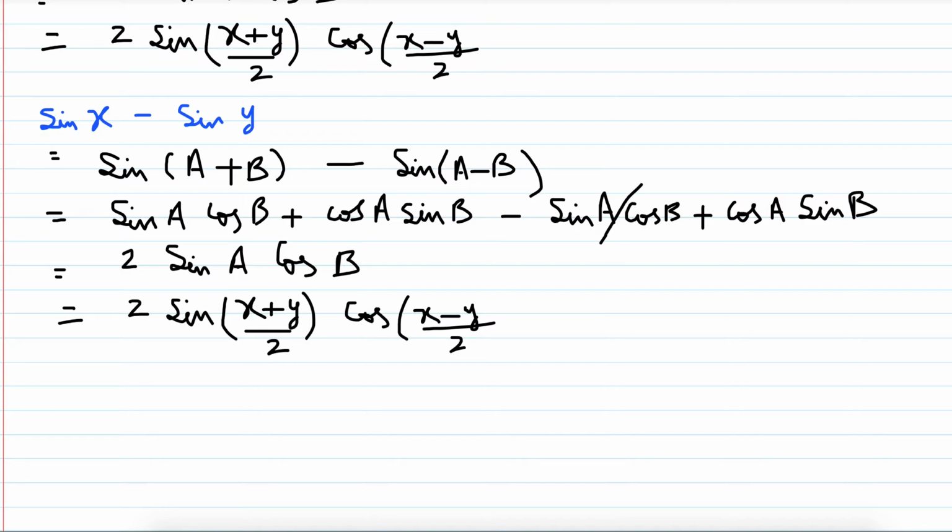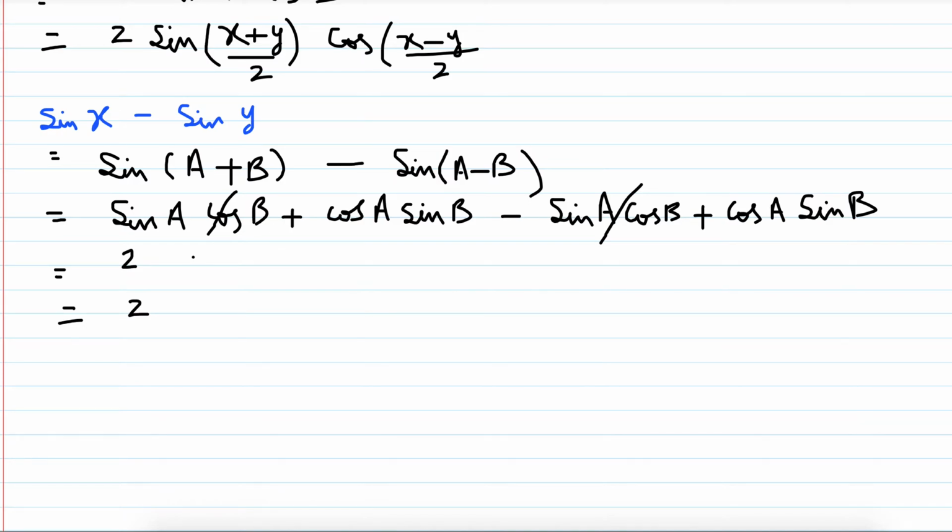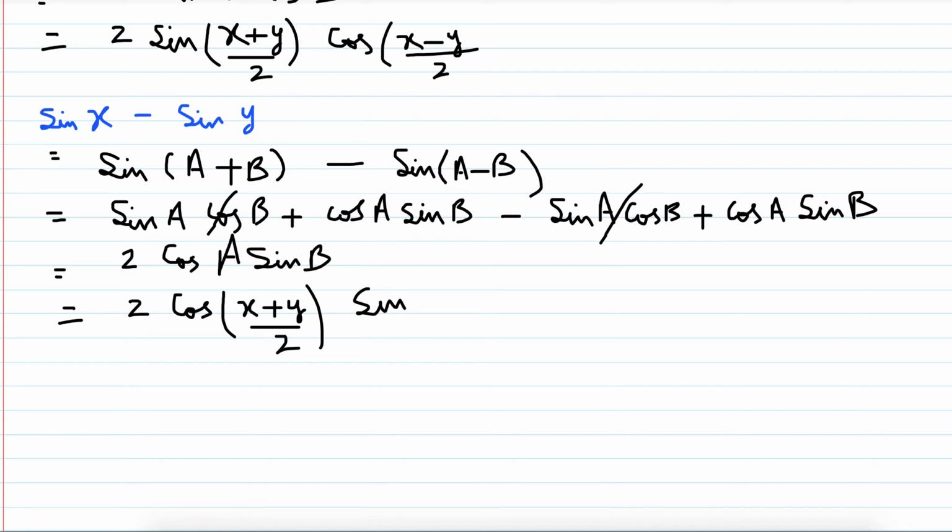So sin A cos B will get cancelled, and we will have 2 cos A sin B. So in place of A, write x plus y by 2, and B is x minus y by 2. So this is equal to sin x minus sin y.